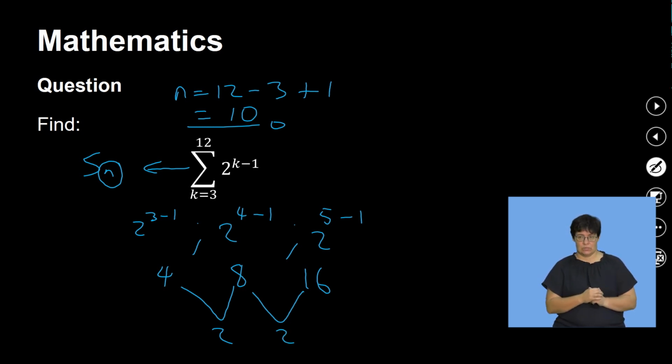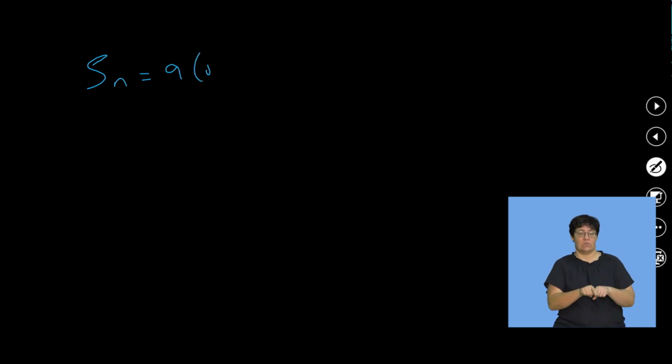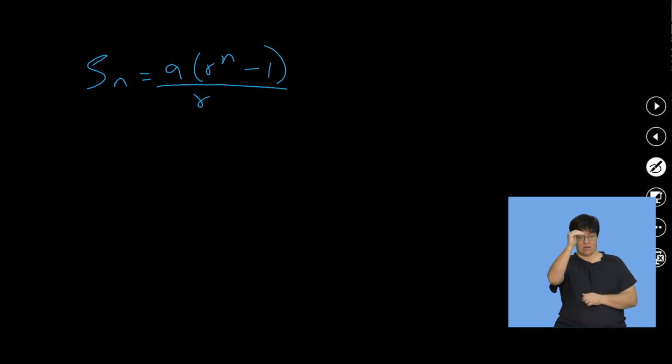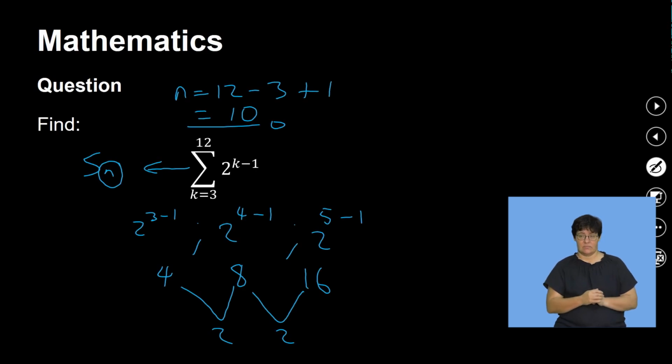So I go straight to my formula. So remember, the formula is Sn is equal to a r to the exponent of n minus 1 over r minus 1. Then let's go back and just make sure that we know what our terms are. The n is 10, the a value is the 4, and then the r value is 2.